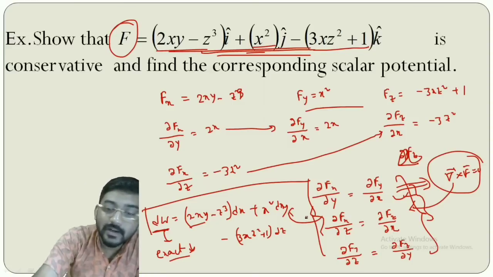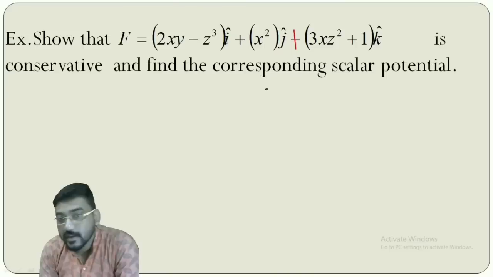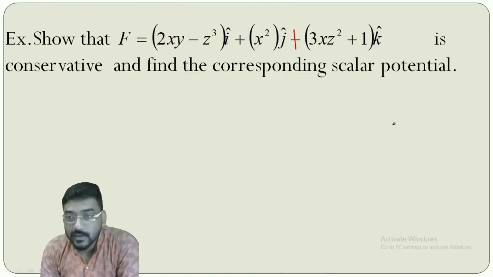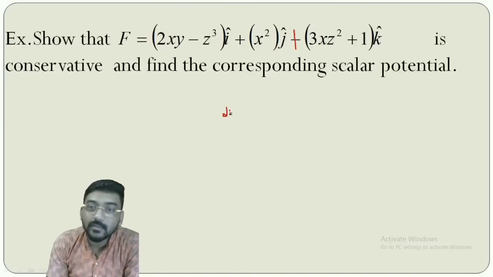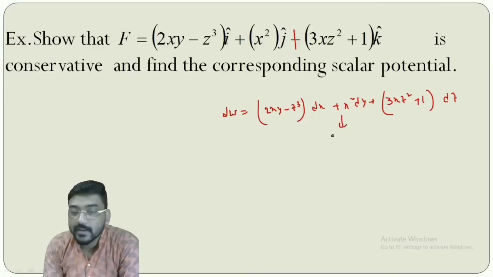But if you slightly change the function, if you take a plus sign here, the differential will be 2xy minus z cube dx plus x square dy plus 3xz square plus 1 dz. This is not exact differential.